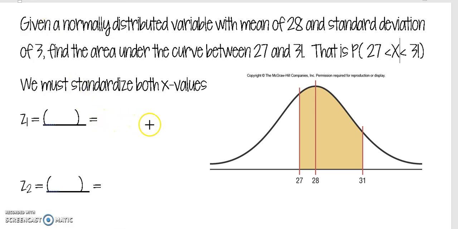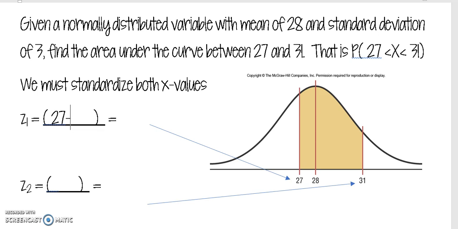The first standardizing is going to come from the x value of 27, and the second will come from the x value of 31. When I have an x value of 27, that's the first number that goes into my subtraction, and I subtract the mean from my given x value, and I need to divide all of that by the standard deviation, which was given as 3.